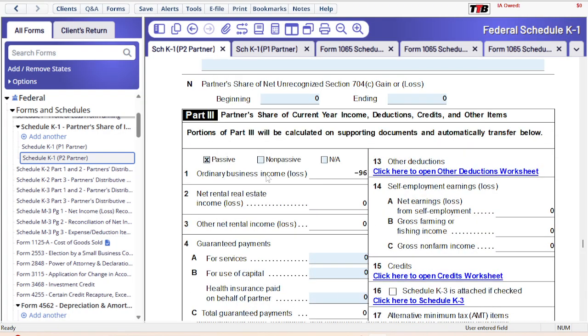So line 14 here, because we chose passive up there, there is no self-employment. So the only person that is active in the business is going to pay self-employment. So therefore, income or loss will carry it here.